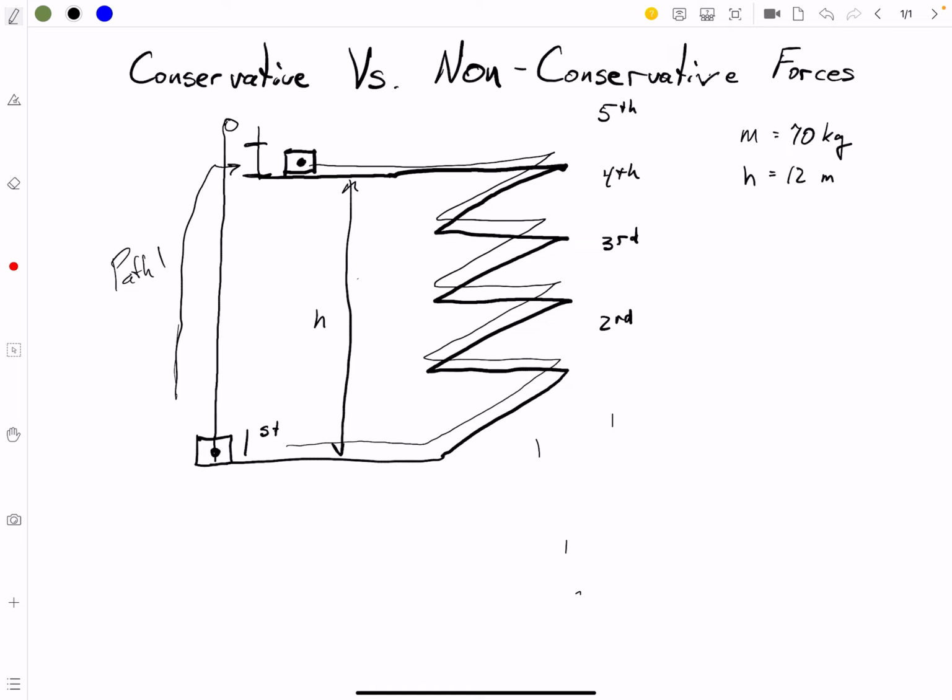And then we can figure out what is the potential energy of our couch as it's sitting in the apartment. We're going to do mgh, and that equals out to be 8,232 joules.